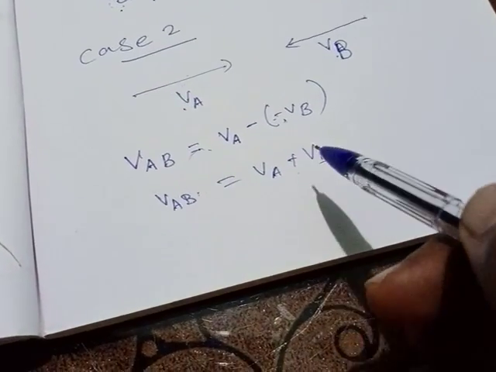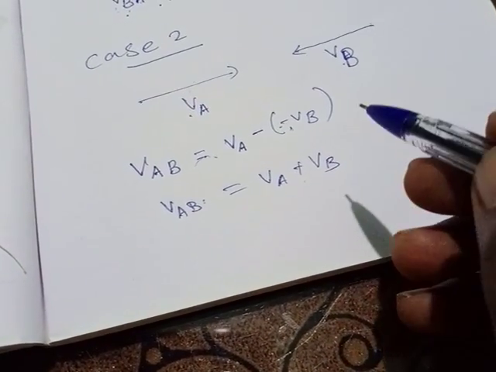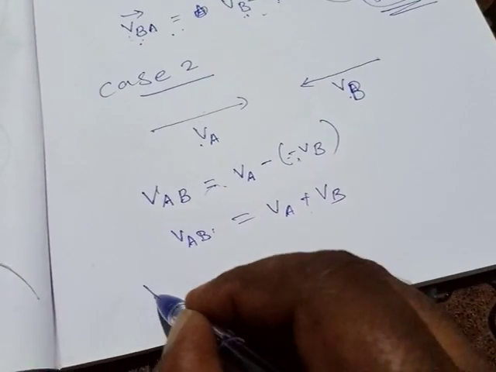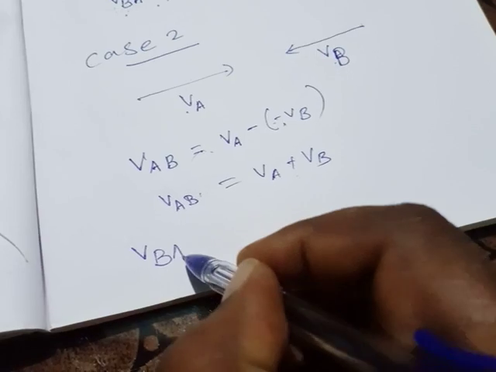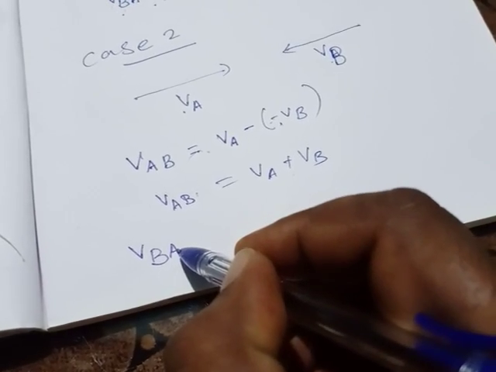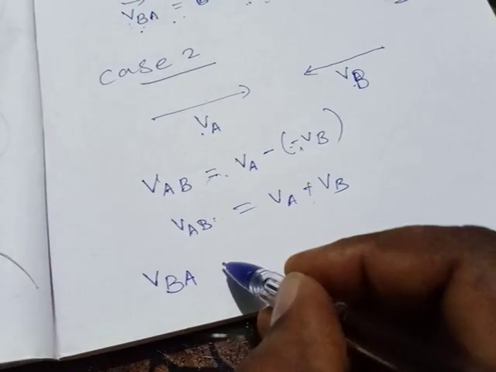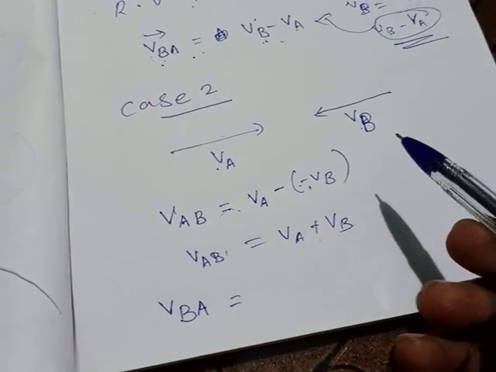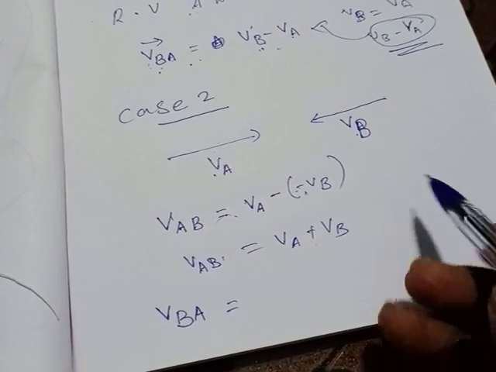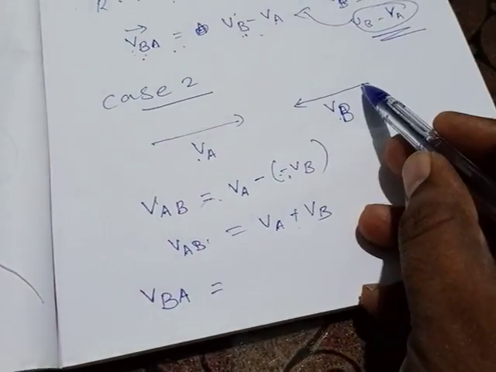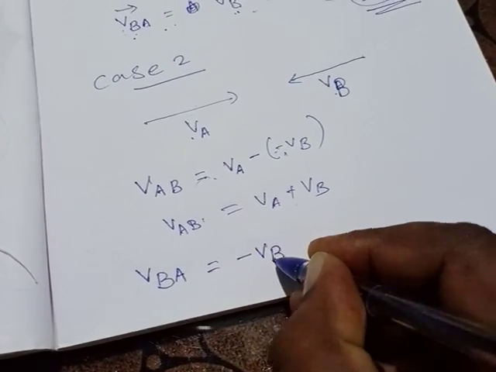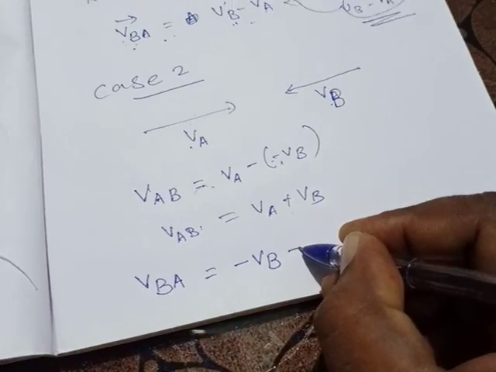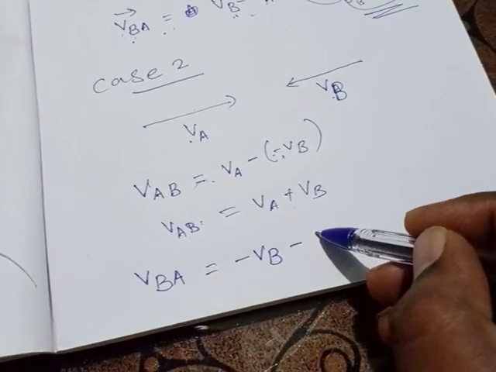VA plus VB. Now let us see the relative velocity of object B with respect to A. B with respect to A means, first VB is moving in the opposite direction, so minus VB, then minus VA.